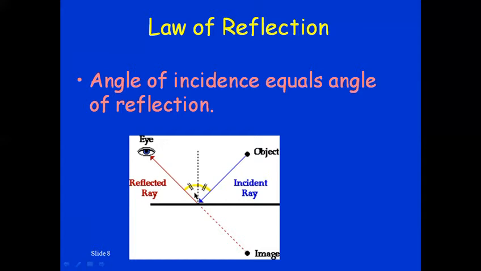On the other side, the angle between the normal and the reflected ray is called the angle of reflection, usually denoted by r. So the first law is angle of incidence equals angle of reflection. Symbolically, i = r.